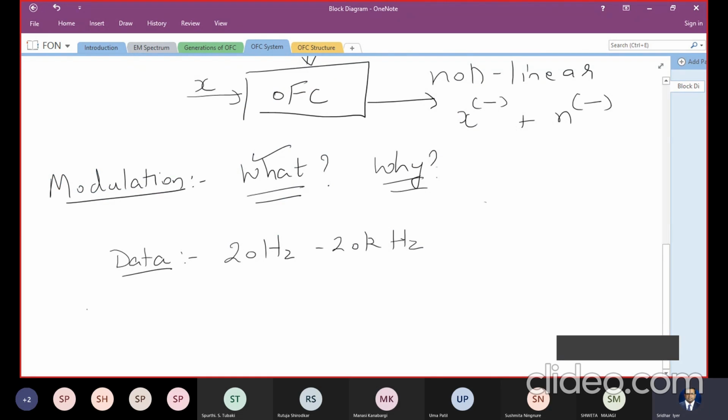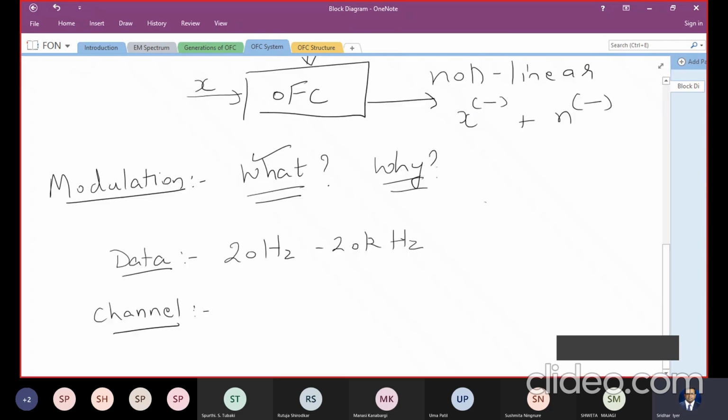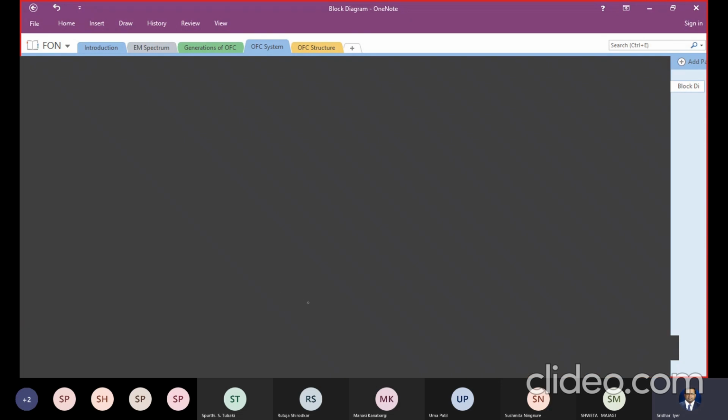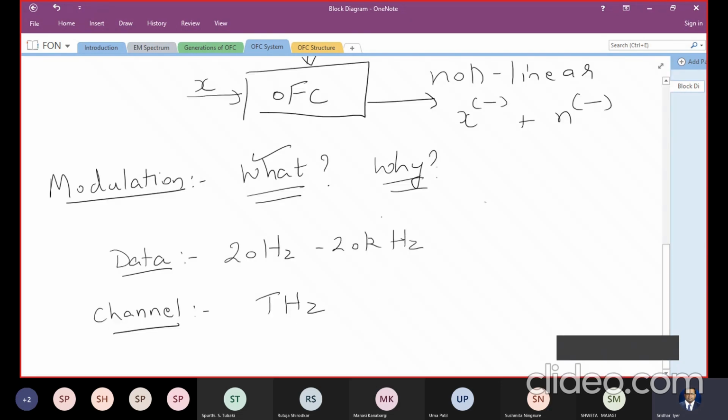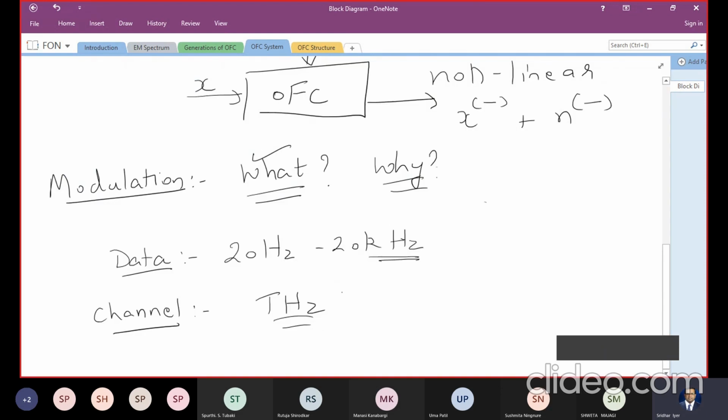Now, the channel which you are using, let's take the example of OFC itself, because we are reading that, is in the range of terahertz. So obviously you can see that there is a frequency mismatch. The highest frequency for your data signal is kilohertz, whereas the frequency range of the channel which you wish to operate on is terahertz. So there is obviously a mismatch.